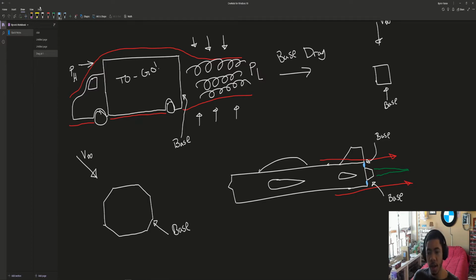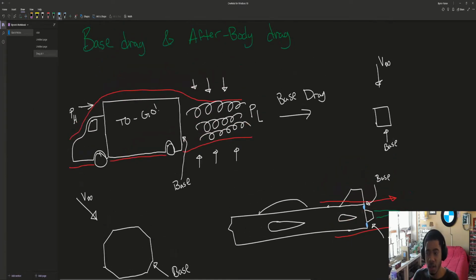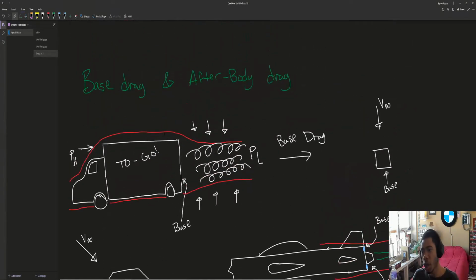There is not enough time for the airflow to come back together, and therefore it causes a base drag due to separation from how heavy the curvature is. Now, base drag specifically is a very heavy curve, usually about 90 degrees as seen here. It is essentially the body has cut off, essentially creating a base.